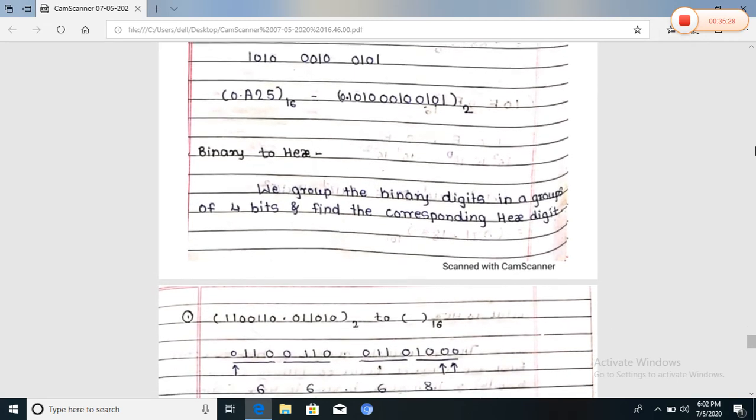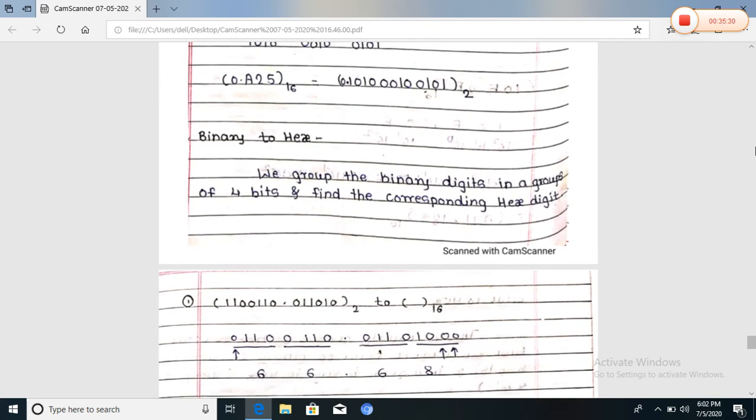Next conversion is binary to hex. A binary number is given, and it is grouped in 4 bits. Same as the conversion we studied, binary to octal, which was grouping of 3 bits, here there is a grouping of 4 bits. There is a number 110011.01101.